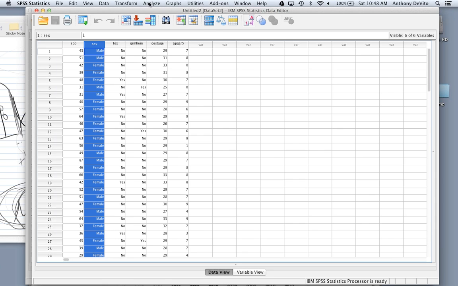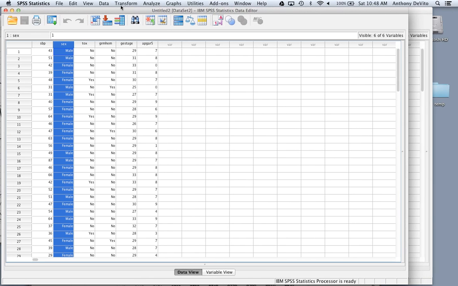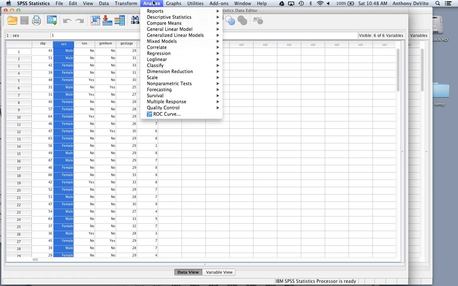So now I want to analyze this data. And as I usually do in SPSS when I want to do analysis, I start off simply by going to Analyze. We're talking about descriptive statistics, means, standard deviation, standard errors, so on and so forth. So I'm going to go to descriptive statistics. My first 3 choices represent frequencies, counts, how many males are there, how many females are there.